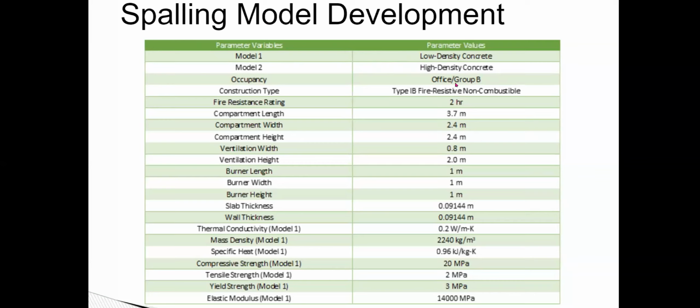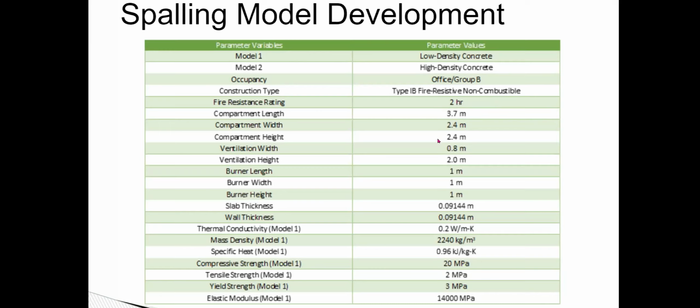The sample simulation uses an office type building, group B, and I chose a type 1B, non-combustible. I looked up that that's 2 hours, which is what we typically use depending on the material.